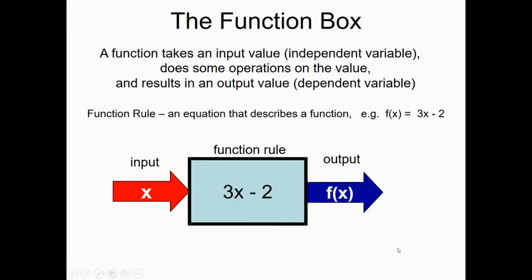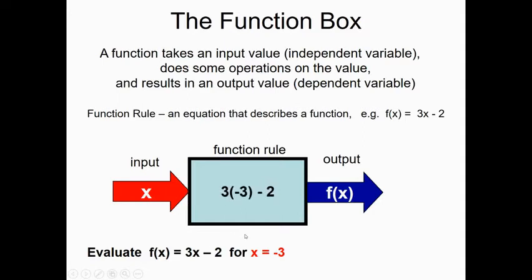Let's take a look at another one. So let's take that same function rule, but this time let's pick a different value, a negative value. So this time I'm going to let x equal -3. So -3 is going to take the place of the x this time. And I'm still going to multiply it by 3 and subtract 2, but of course, I'm going to get a different output. So in goes the -3.